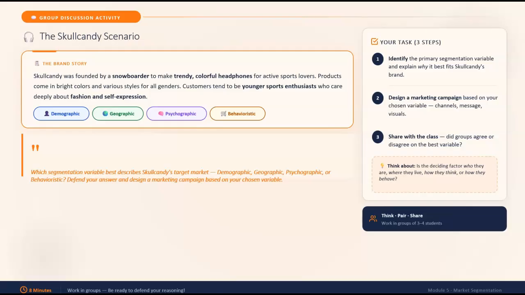Your tasks are right here on the right side, 1 through 3. You're going to answer these questions: identify the primary segmentation variable, and explain why it best fits Skullcandy's brand. So which variable is more important when Skullcandy was trying to make these colorful headphones? Then design a marketing campaign.